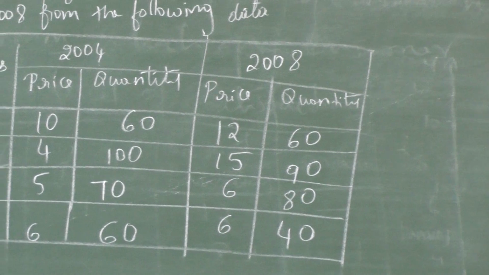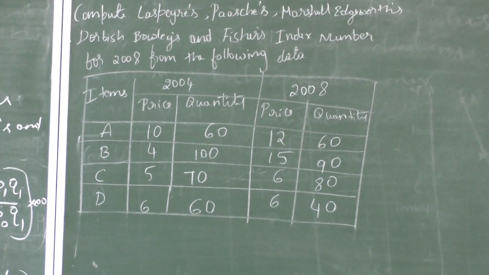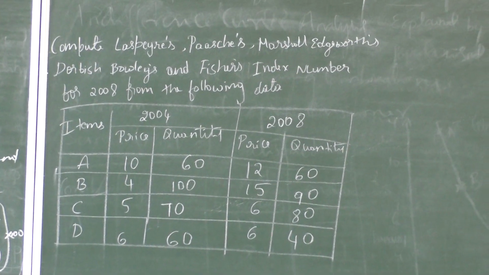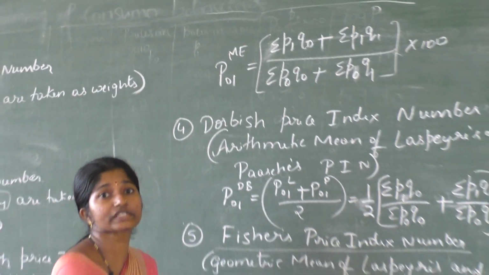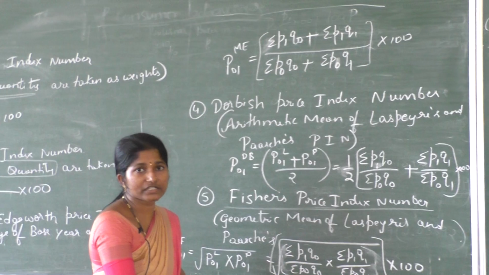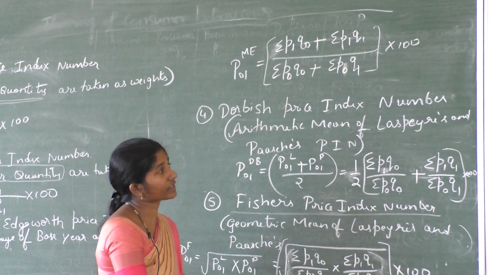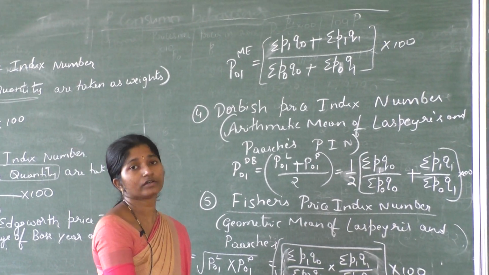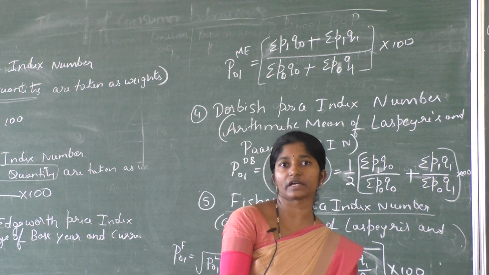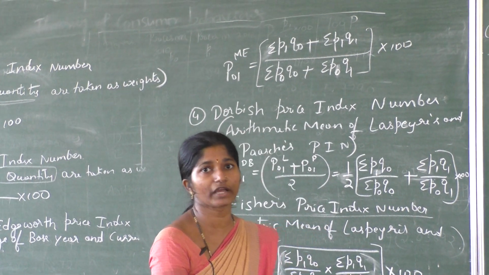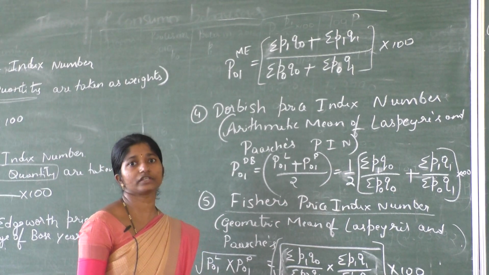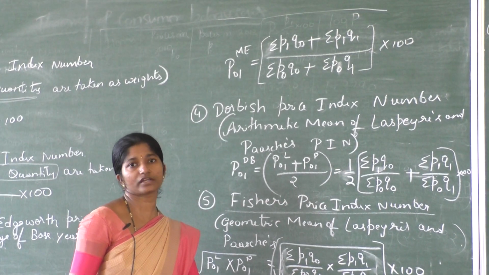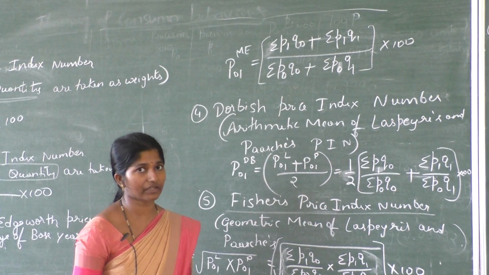Afterwards, another index number is Kelly's price index number, or fixed base weighted index number. Kelly's index number formula was given by Truman Kelly. Here quantity is fixed, not base year and not current year.